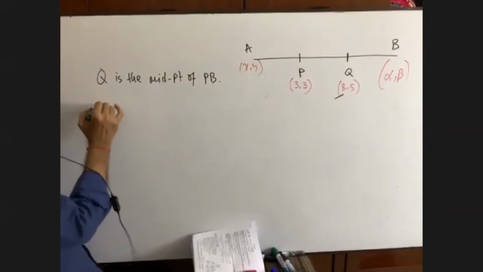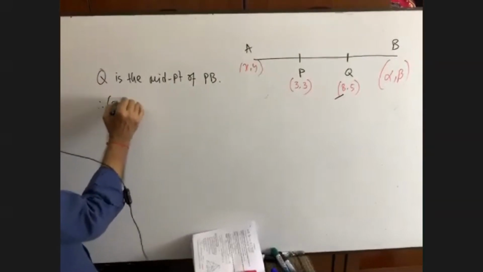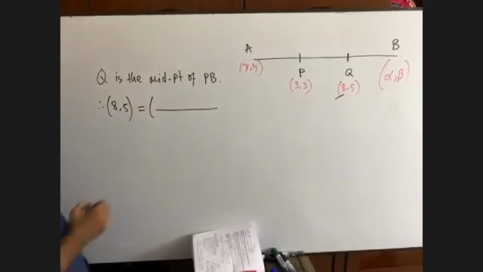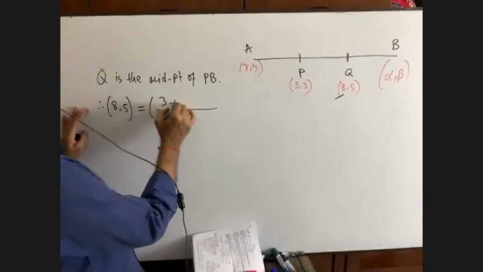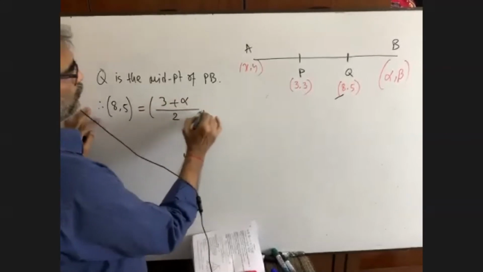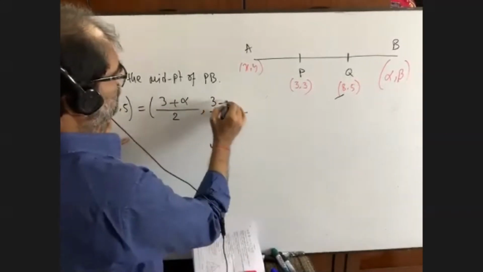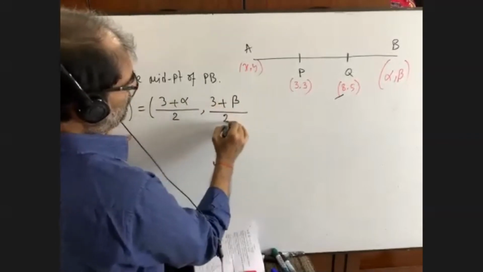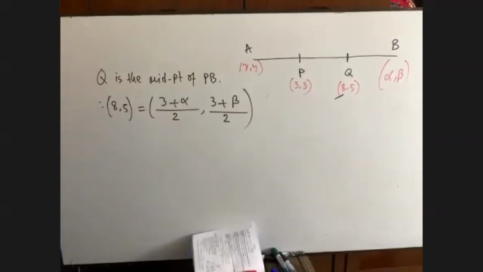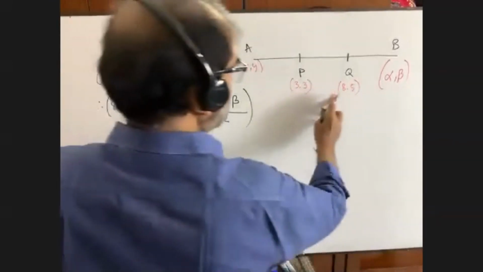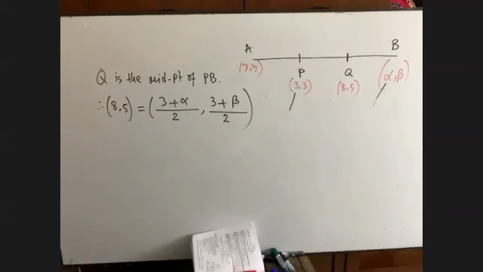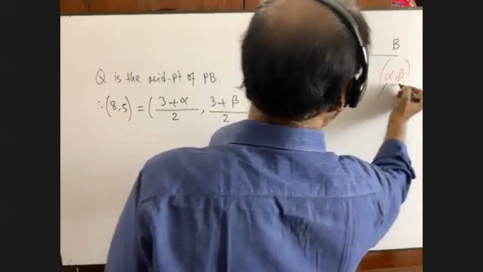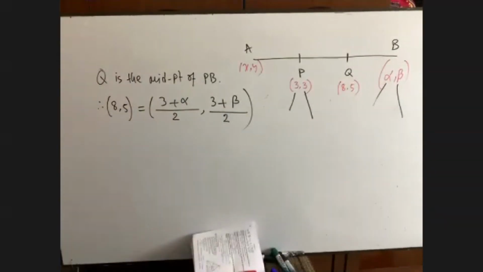So its coordinate is (8, 5), which equals the midpoint of P and B: ((3 plus alpha) by 2, (3 plus beta) by 2). I mean, (x1 plus x2) by 2, and again, (y1 plus y2) by 2.